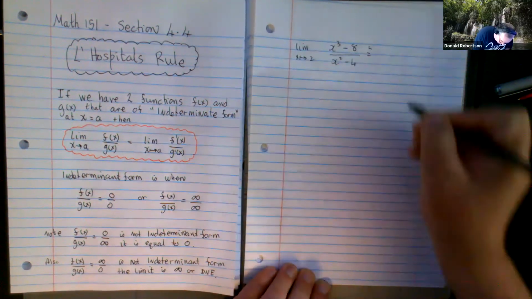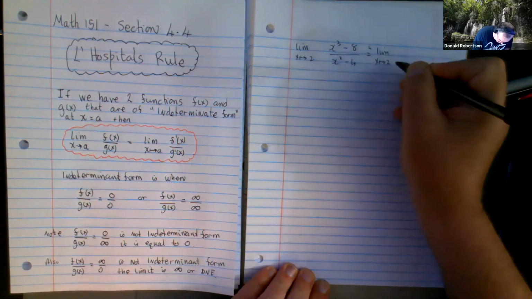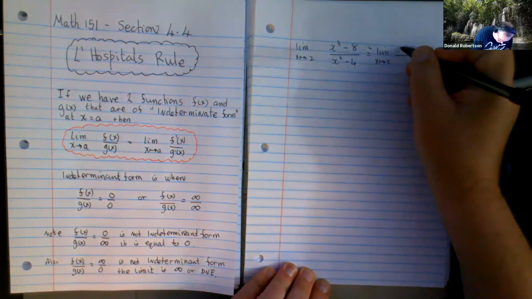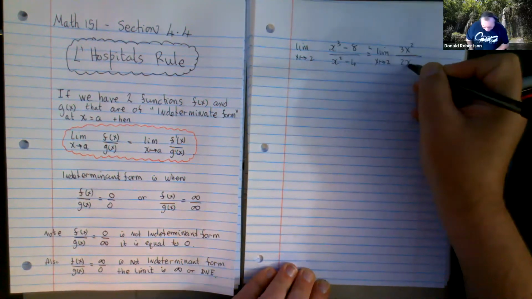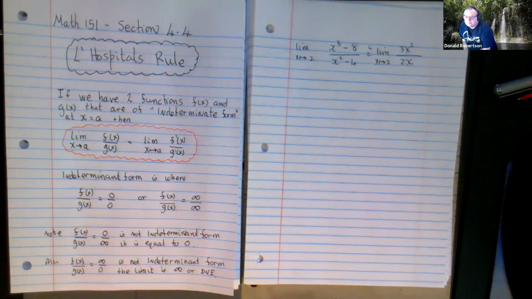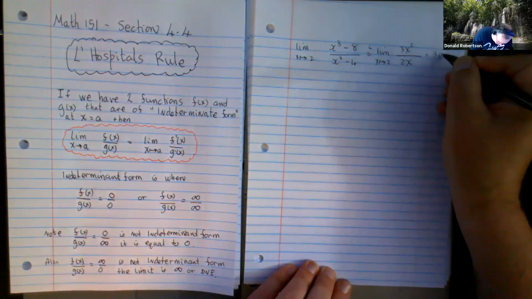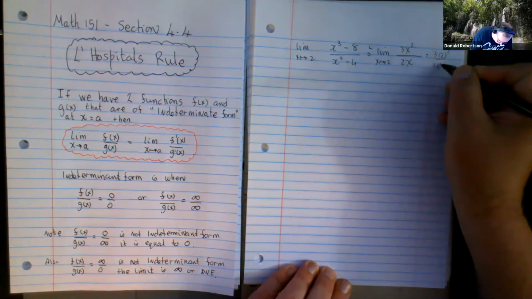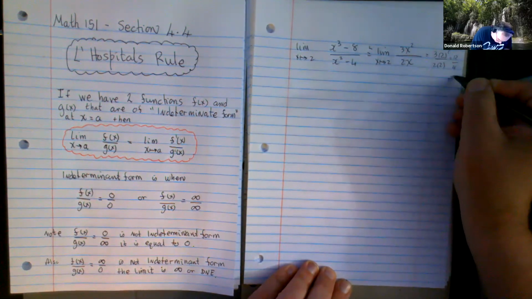I'll do L'Hopital on it then. It's the limit as x tends to 2 of 3x squared over 2x. That should be what? 3 lots of 2 squared over 2 lots of 2. That should be 12/4. Okay, the answer is 3.